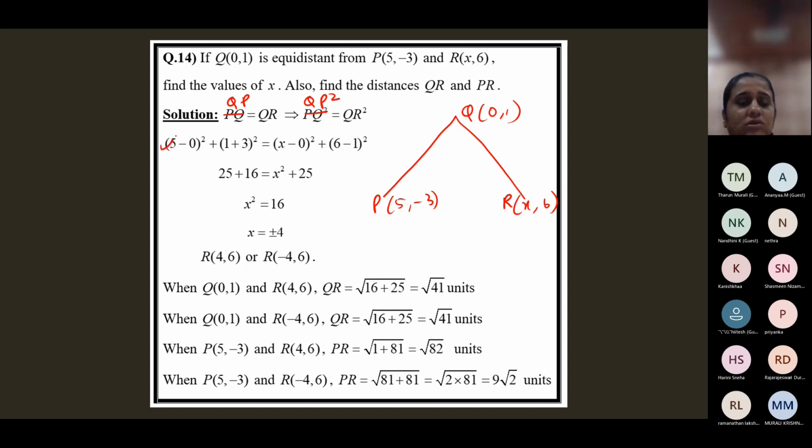So these steps, just don't copy, just don't write like this from here. You solve it and see if you're getting plus or minus 4. Don't copy from the slide.